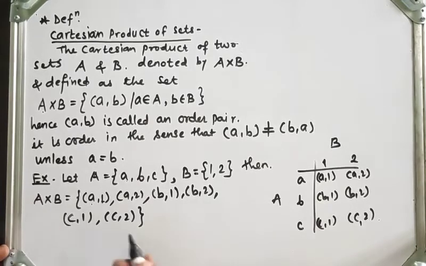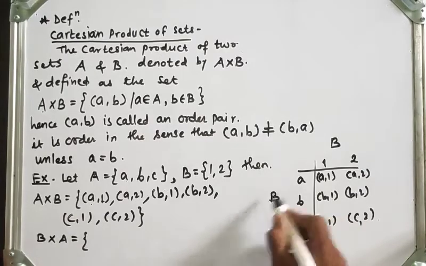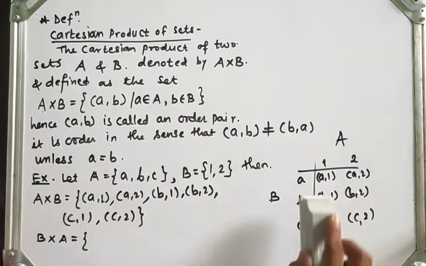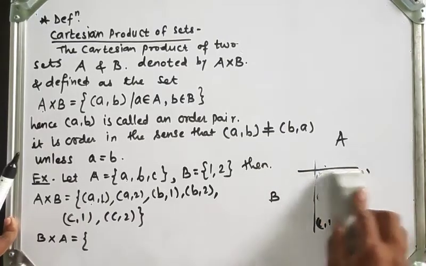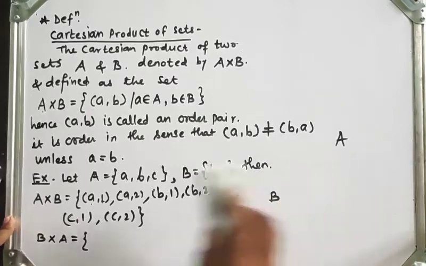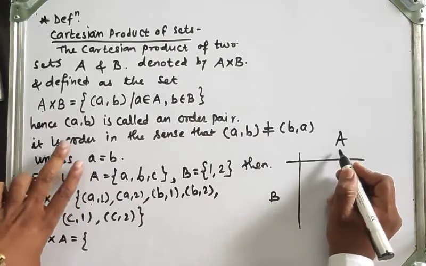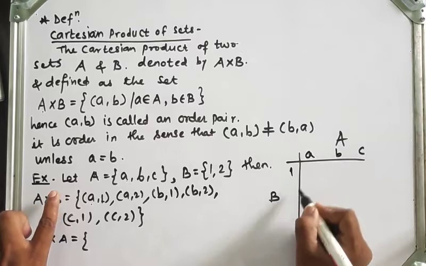Also we have to find B cross A. So what is B cross A? To find B cross A, we have to write it in array form. Here is set B and here is set A, right? The elements of A are A, B, C, and the elements of B are 1, 2.